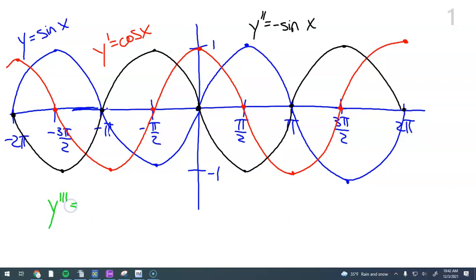If I take the derivative of negative sine of x, it's negative cos. Yeah, I can just do it up here. I don't know how you're putting all that on one graph. So you're taking the derivative of the black one now.